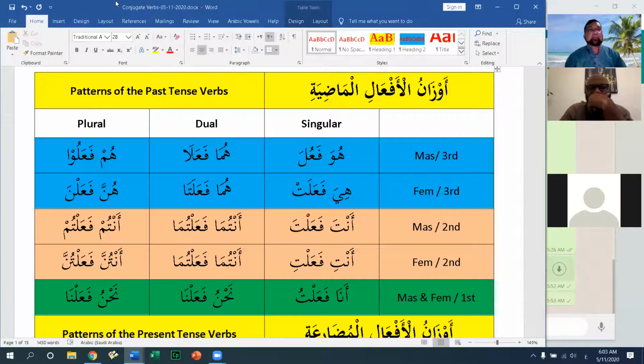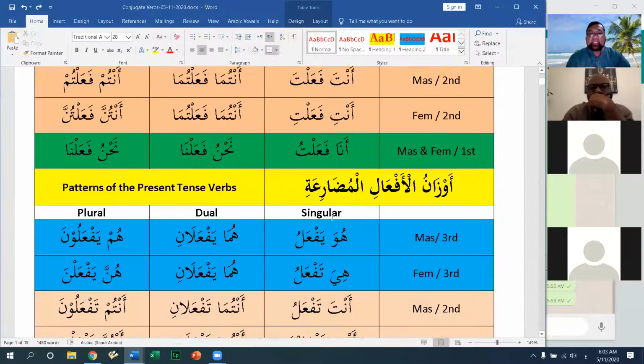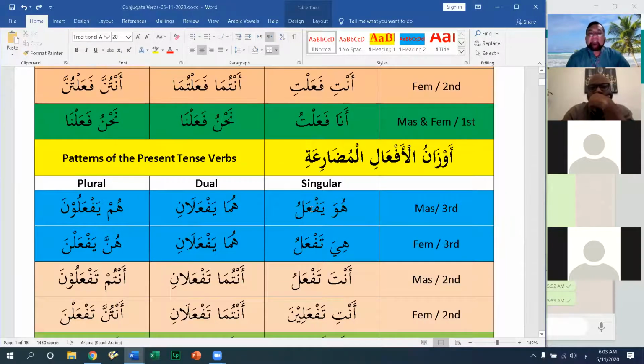So the ayn of the letter, remember that in the trilateral verb fa'ala can change from a to i to u. Fa'ala, fa'ila, fa'ula. The same for the present tense, can be yaf'alu, yaf'ulu, yaf'ilu.